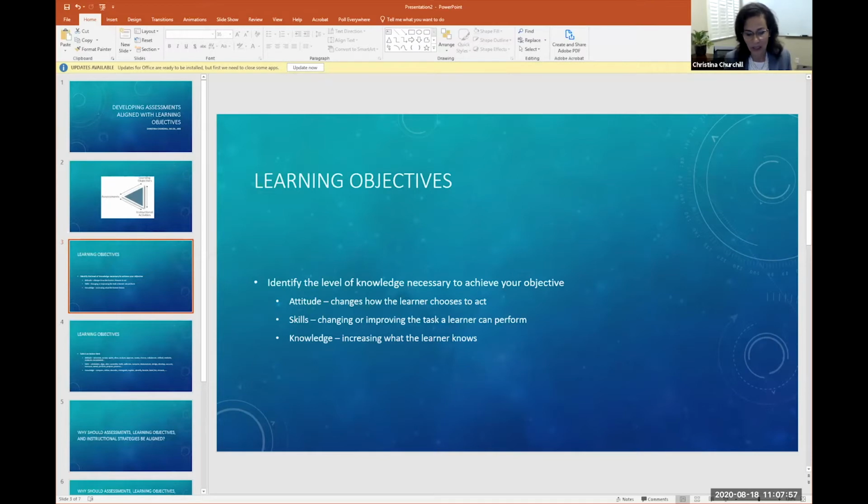So assessing them doing that task, however that looks, is an assessment aligned with the learning objective, rather than a multiple choice quiz that asks questions about SPSS, right?